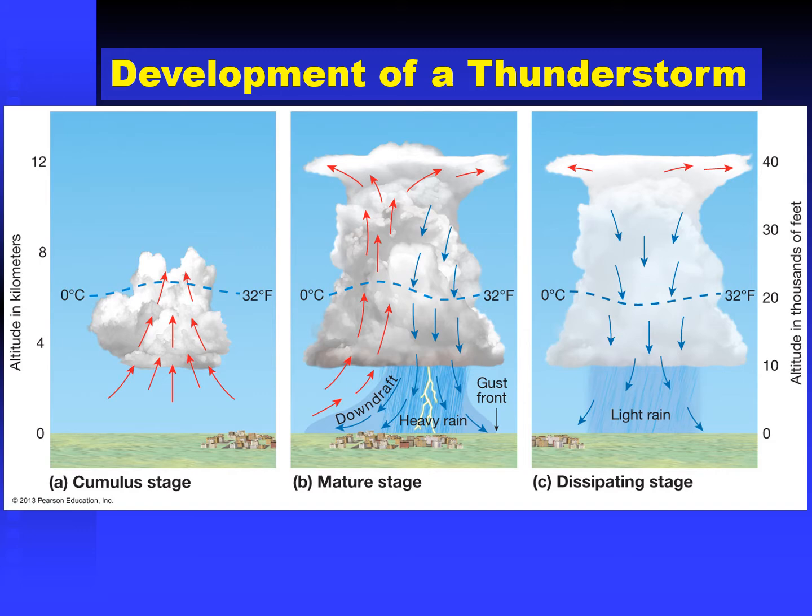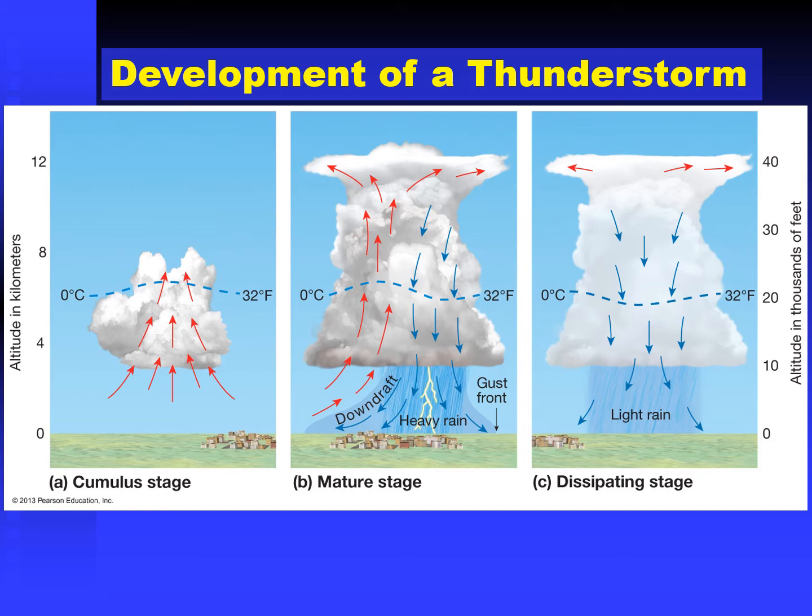So here you're looking at the development of a thunderstorm. That one image there to the left, labeled A, cumulus stage, that's not just cumulus, that would be cumulus congestus. Remember back when we talked about clouds? With our cumulus, we really had two types. Cumulus humilis is your typical everyday cumulus cloud, those puffy white clouds that look like cotton balls in the sky.